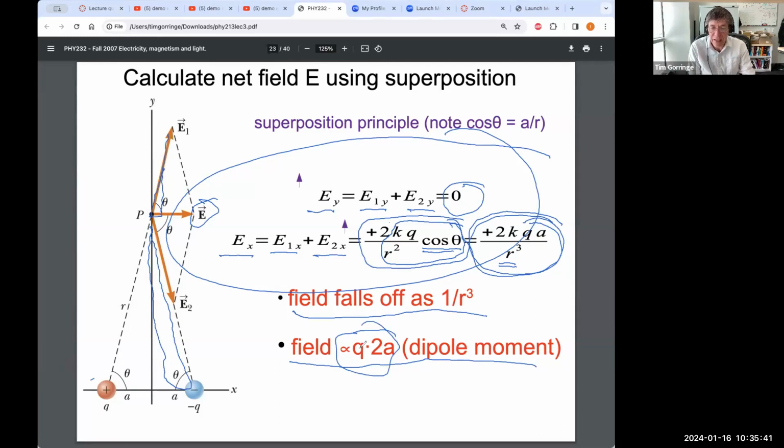This quantity here, Q times 2a, the size of the charge times the separation of the charges, is called the dipole moment. The field depends on the dipole moment, not so much the charge and the separation individually, but the product of the charge and the separation. So those are the two key takeaways for the electrical dipole.